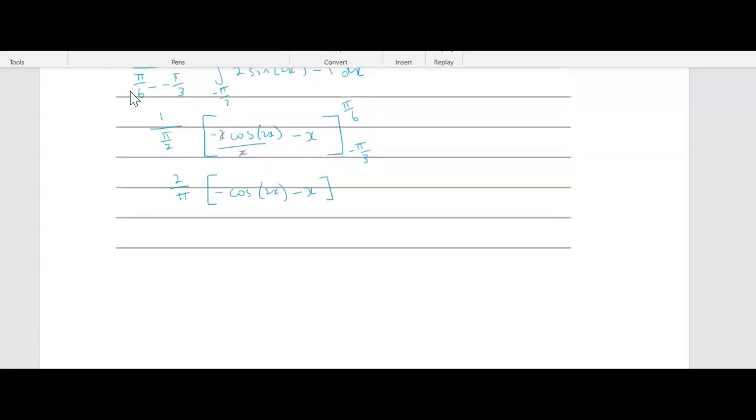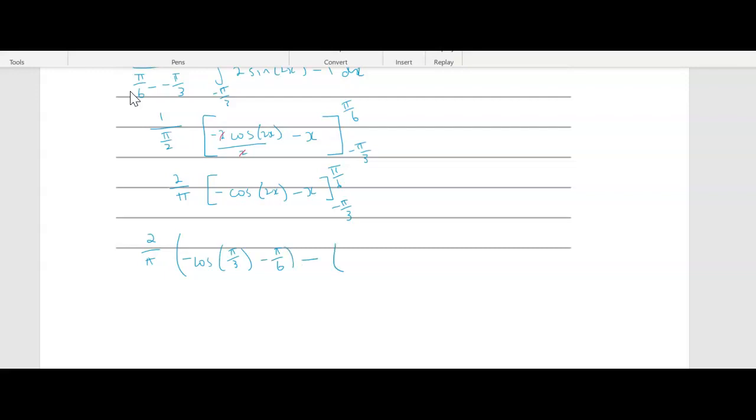All right, and we're going pi on 6, negative pi on 3. Let's substitute in pi on 6 first. So we can put the 2 on pi here. Negative cos 2 times pi on 6 gives us pi on 3, minus pi on 6, minus.